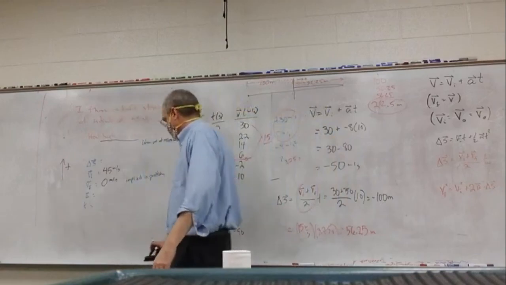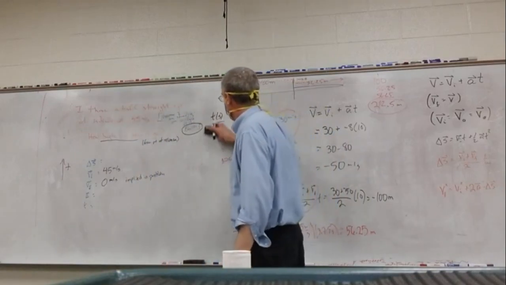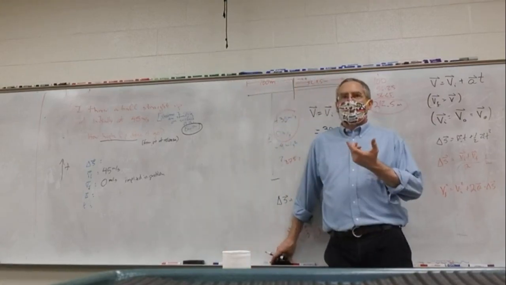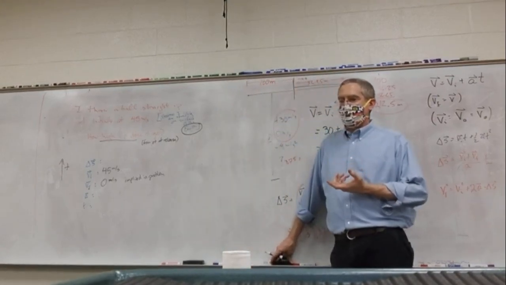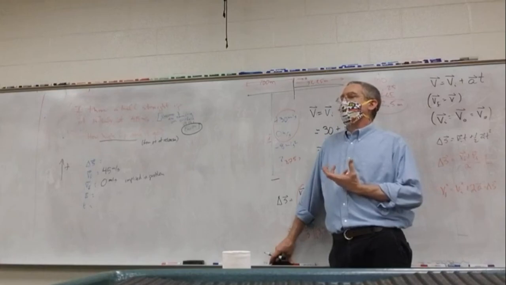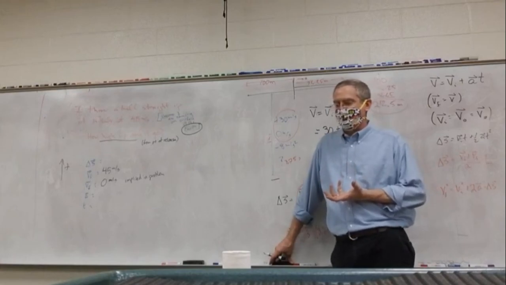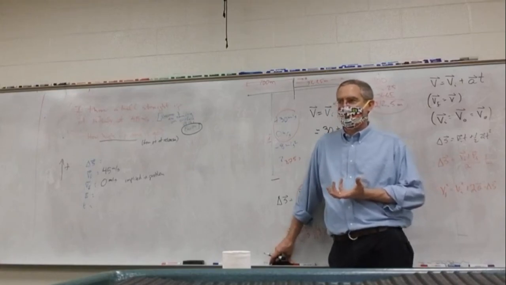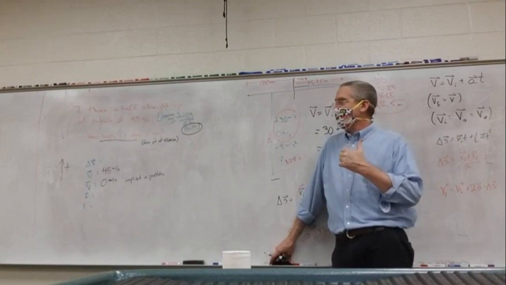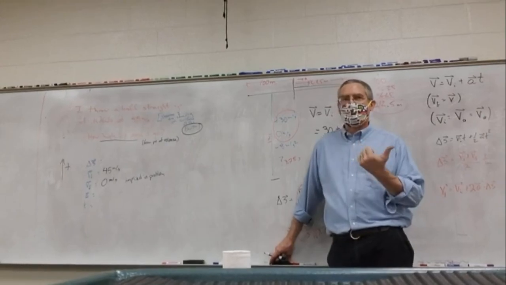Ish. The acceleration due to gravity is not constant. But it's close enough, often enough, that we pretend it is. So we're going to be using the kinematic formulas as long as this object doesn't get too far from the surface of the Earth.